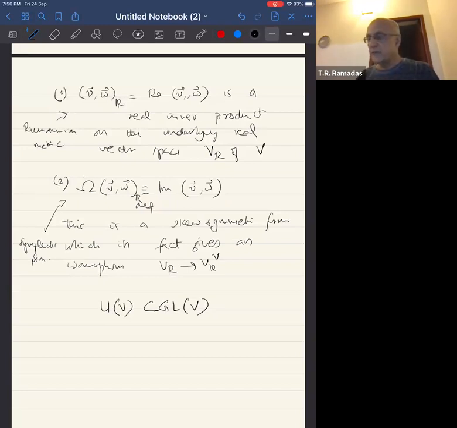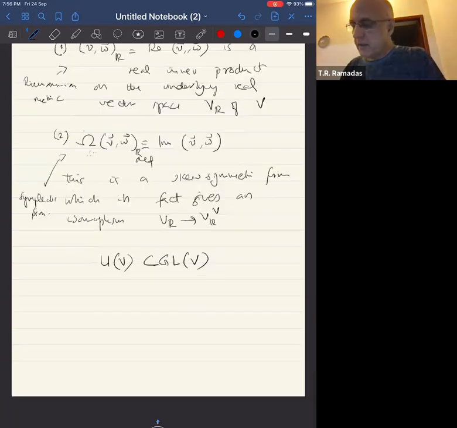And if you think for a minute, you can see that in fact, a unitary transformation of a complex vector space with a complex inner product is actually an orthogonal transformation of the same vector space as a real vector space with the real part of the inner product. That is clear. But it also preserves the symplectic structure, the skew form. So all this is to say that U(V) acts on V by symplectic transformations.